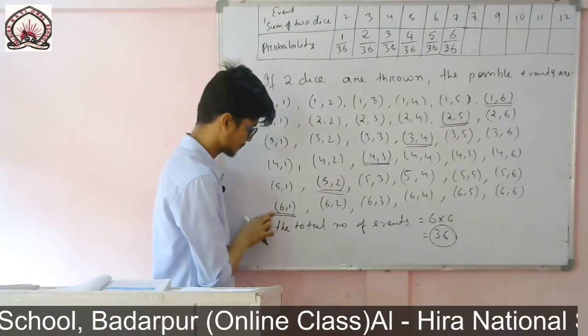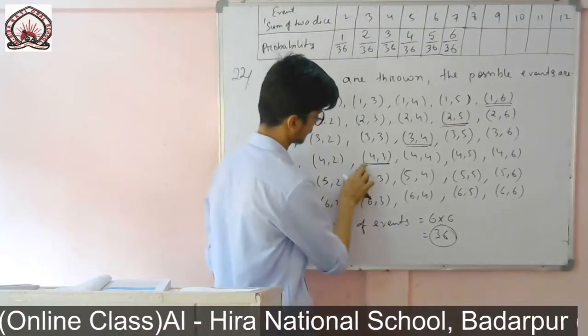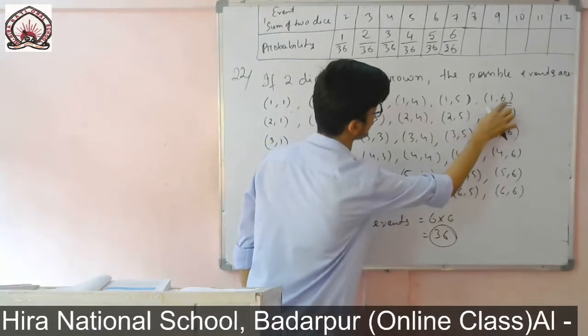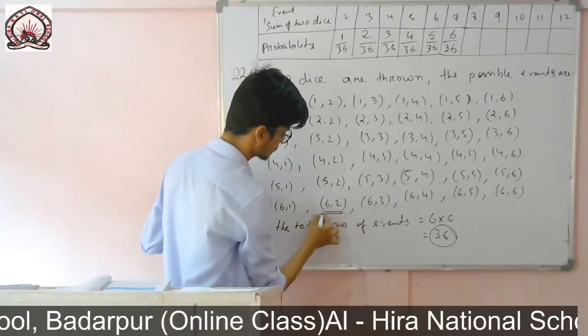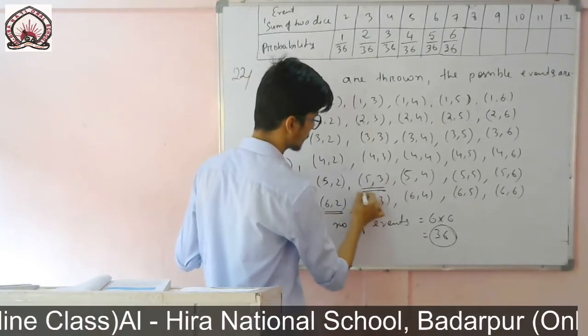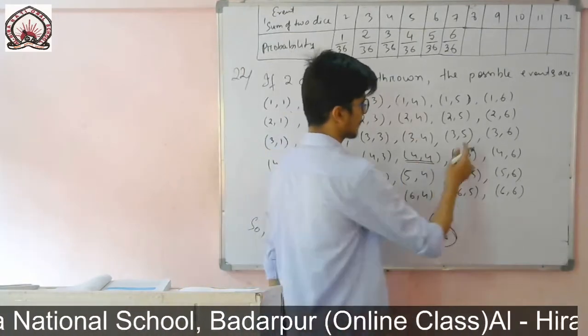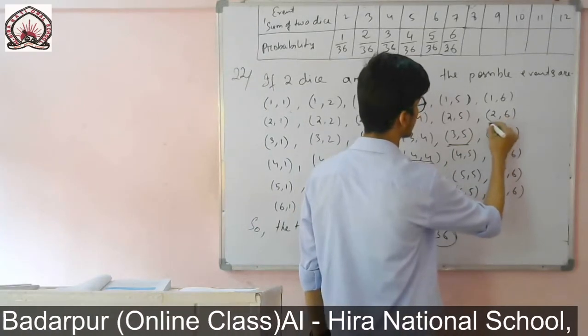sum 8. So 6 plus 2 is 8, 5 plus 3 is 8, then 4 plus 4 is 8.